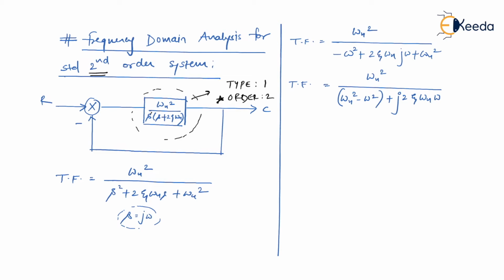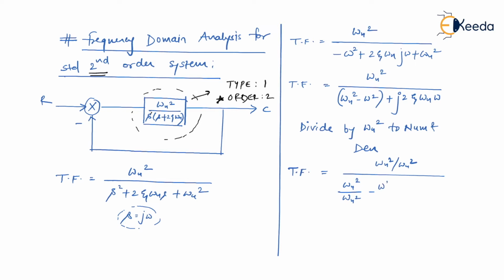What I'm actually doing is dividing the numerator as well as the denominator by omega n square, for some reason. Try to understand. So the modified transfer function will be omega n square by omega n square, divided by omega n square upon omega n square minus omega square by omega n square plus j 2 zeta omega n times omega divided by, over here also, omega n square.